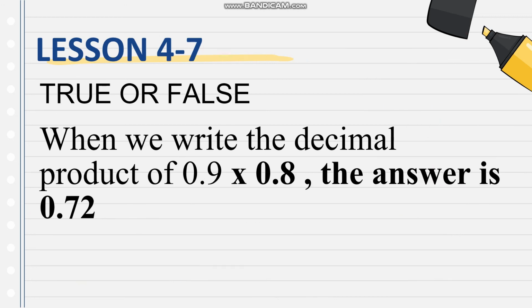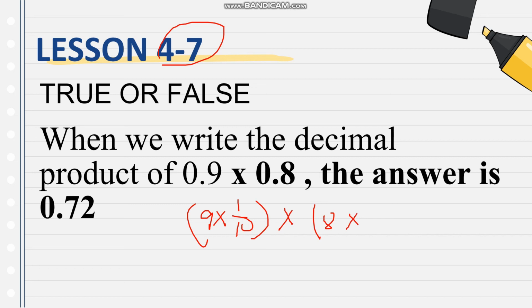Next, in lesson 4.7, we simply write the decimal product of 0.9 by 0.8. If I'm going to apply the concept in lesson 4.7, this becomes 9 multiplied by 1 over 10. Then multiply by 8 multiplied by 1 over 10.